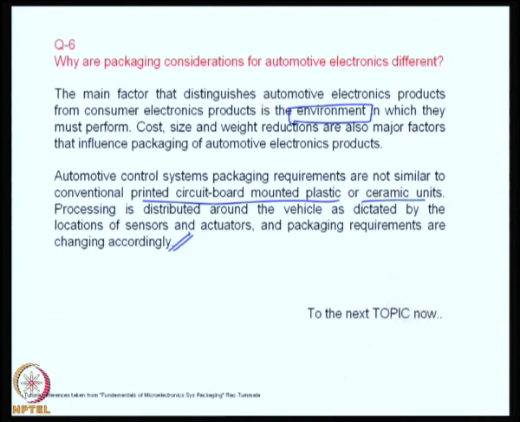So, with this our tutorials come to a conclusion for chapter 1, and we will be looking at chapter 2 from now on. The next class will deal with semiconductor packaging and semiconductor process overview. I hope you have got a very good glimpse of the summary and overview through these tutorials.